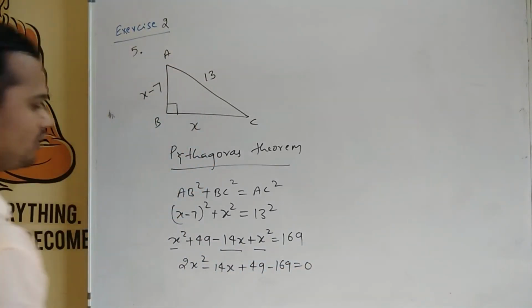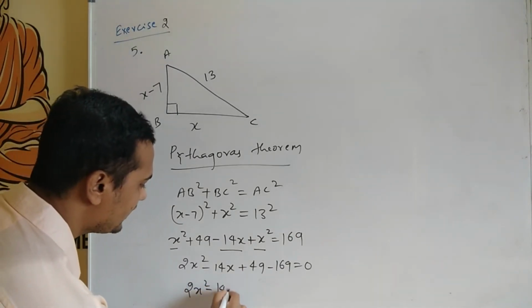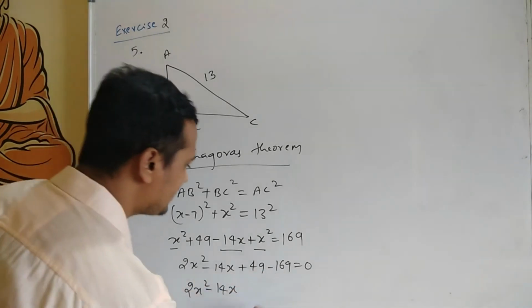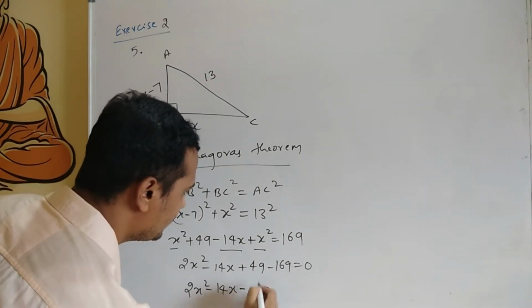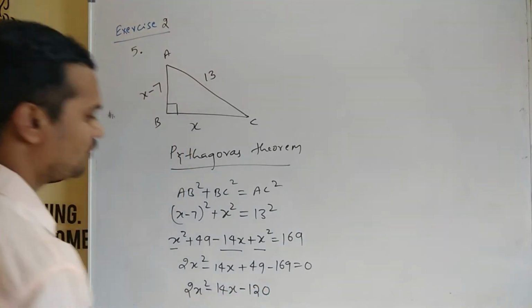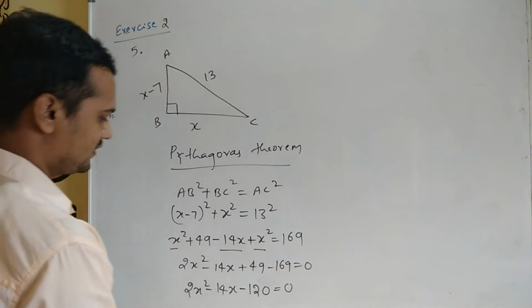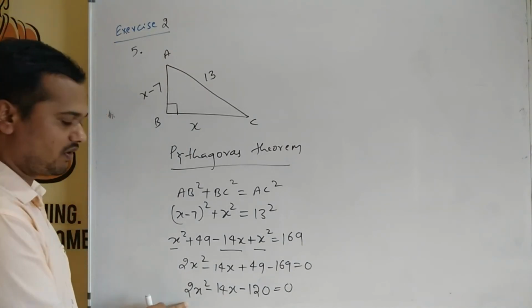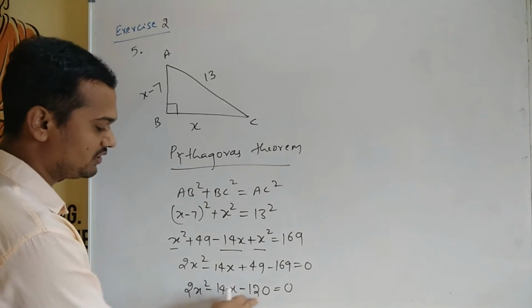Okay, what will be our next step? 2x square minus 14x, and then if I subtract this one, what will I get? 49 minus 169, that is minus 120, is equal to 0. So see here, before solving this quadratic equation, try to simplify it, because we have 2 common in all 3 terms.